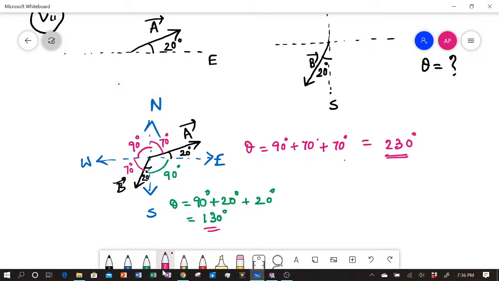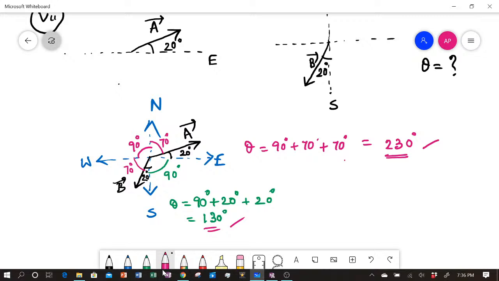Now, why 130 degree? Do you have any other answer? Anyone else? Malaya's answer is 130 degree. Okay, 130 degree.